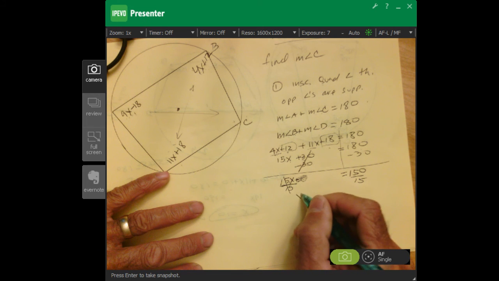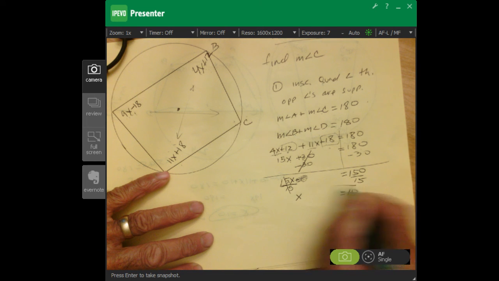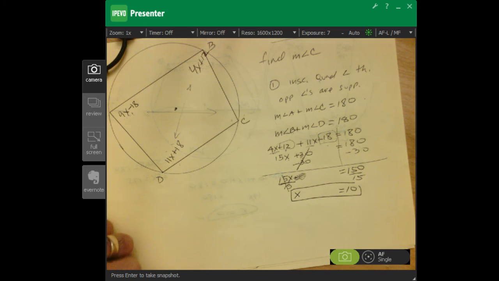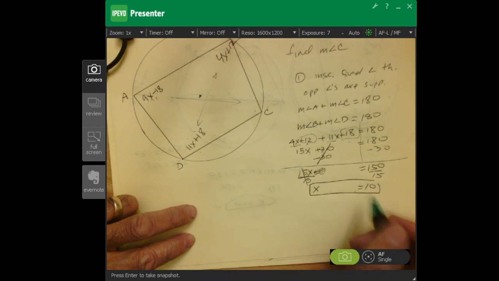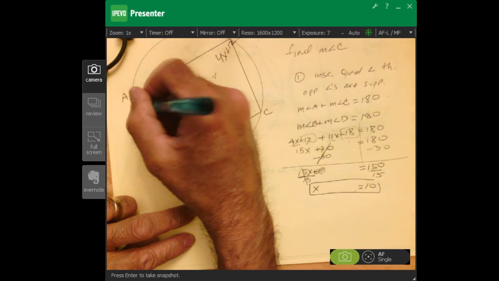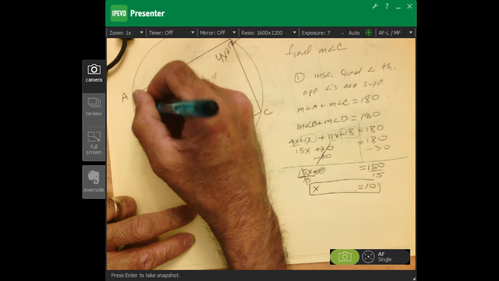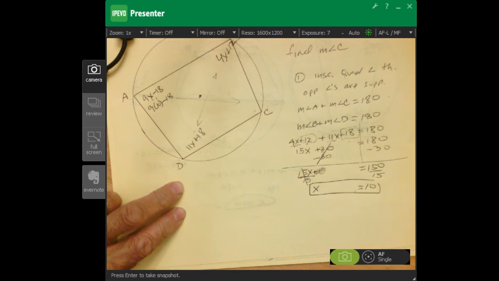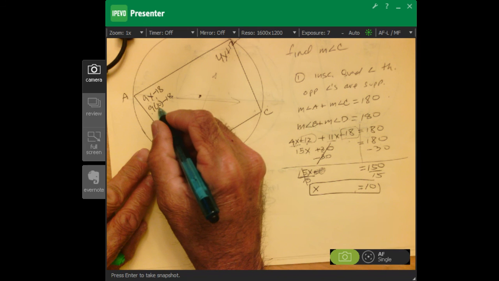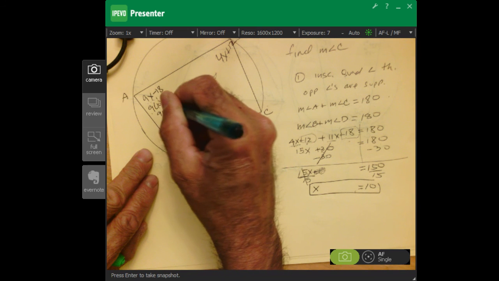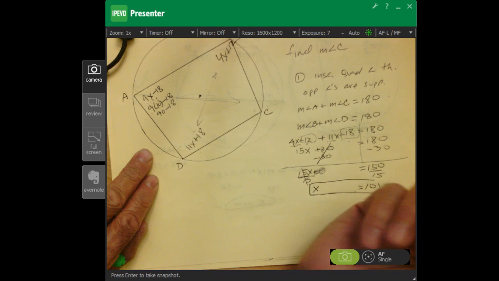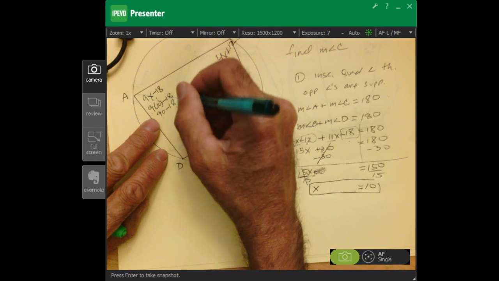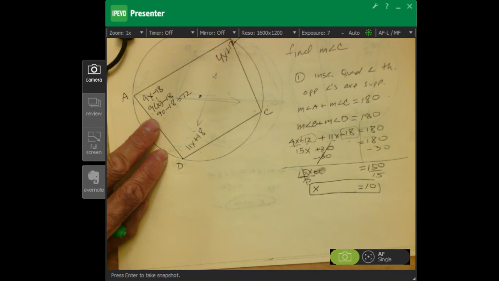So we end up with 1x, which is the same as x, and x equals 10. Now that we know this, we can plug it in up here, but more importantly, we can plug it in up here. So this is 9 times 10, which is 90, minus 18. That's going to give you 72.